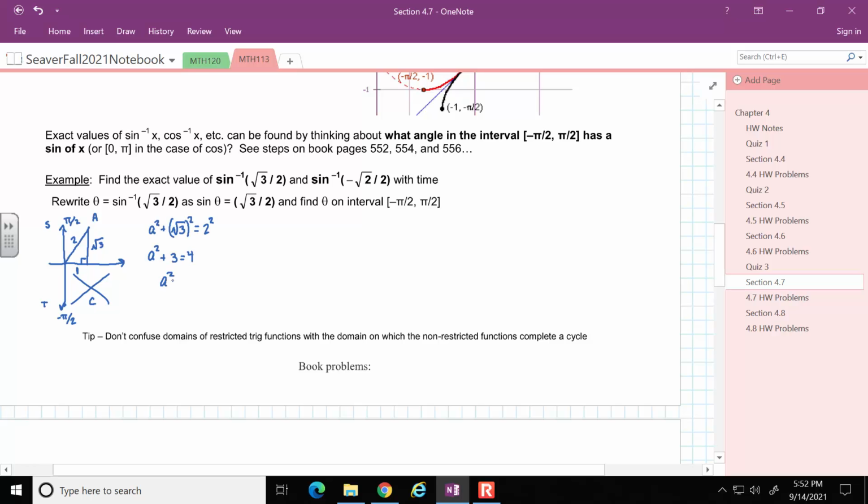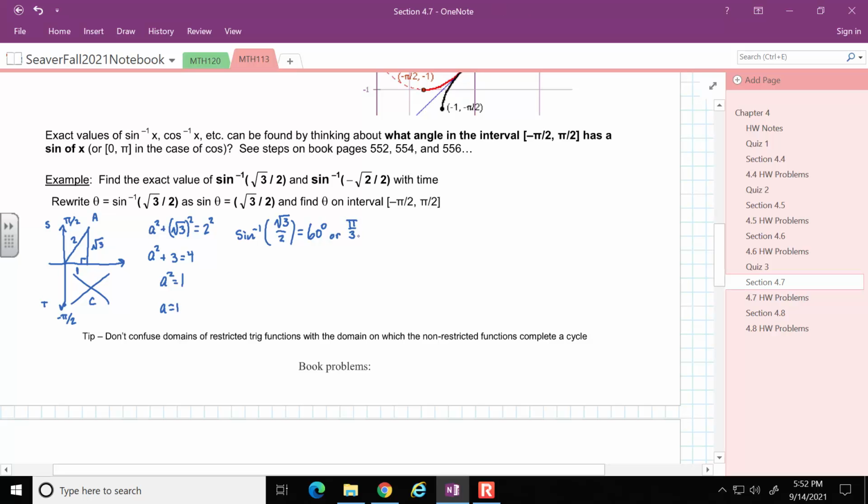So I get a squared equals 1. So a equals 1. So that's my adjacent side. This angle is a 60-degree angle, if you remember correctly. So the inverse sine of square root of 3 over 2 is going to be a 60-degree angle, or pi over 3 radians, between negative pi halves and pi halves.